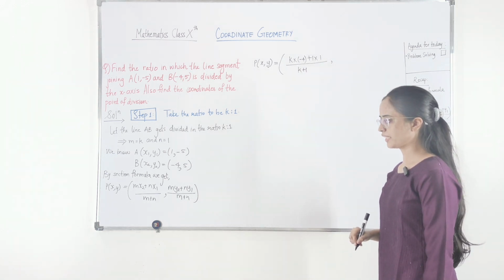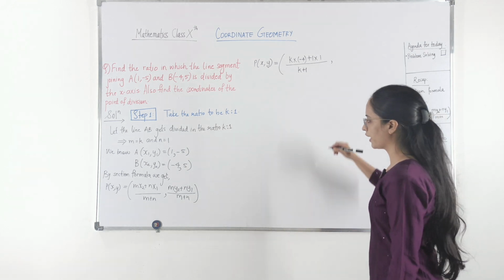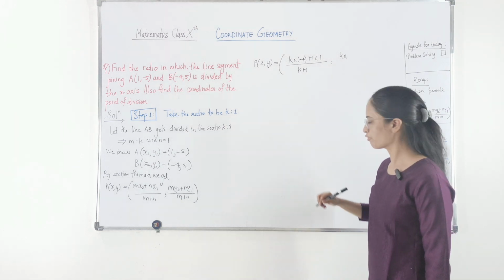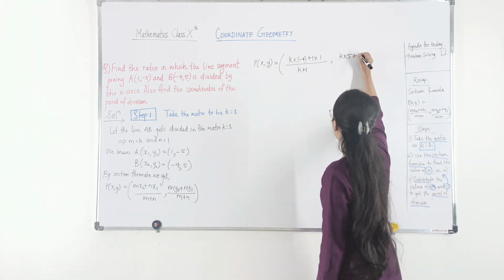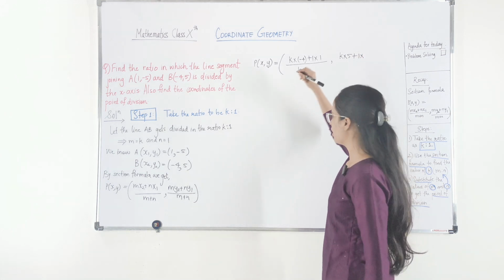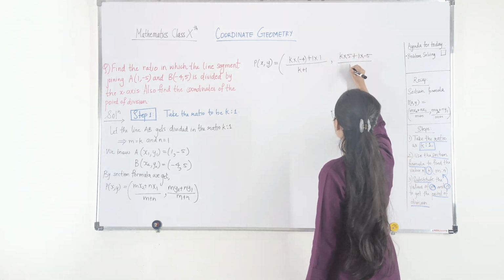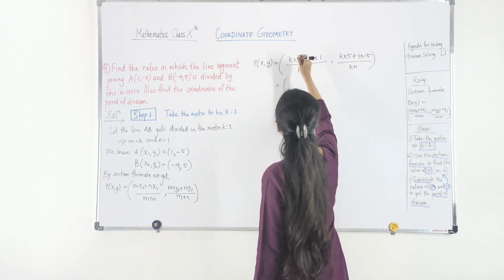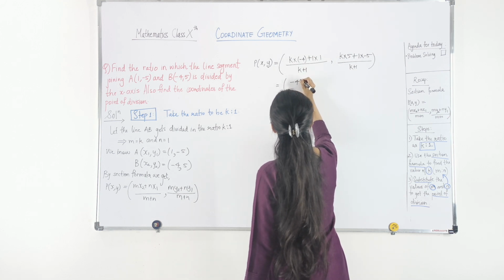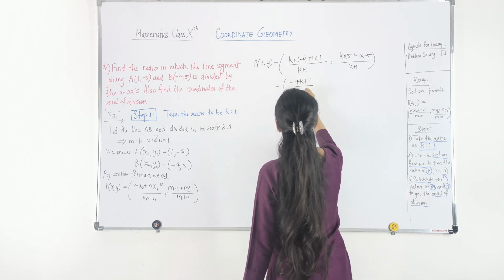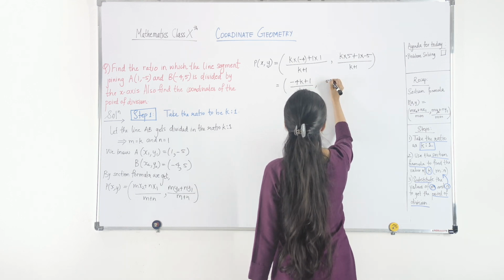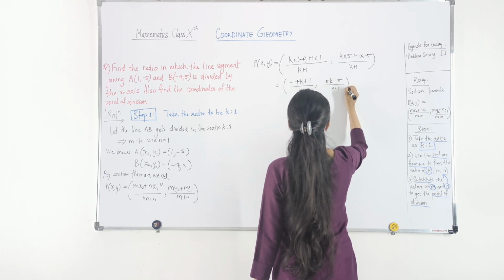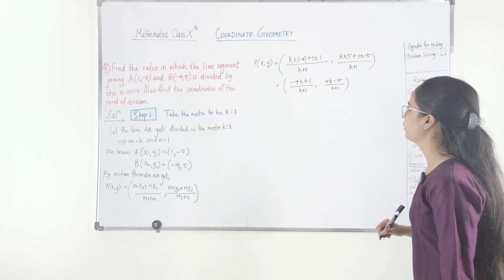Likewise, m into y2 plus n into y1 upon m plus n. So again here the value of m is k, and y2 over here is 5, plus n is 1 and y1 over here is minus 5, upon k plus 1. So that is equal to, k into minus 4 is minus 4k plus 1 upon k plus 1, and 5k minus 5 upon k plus 1.